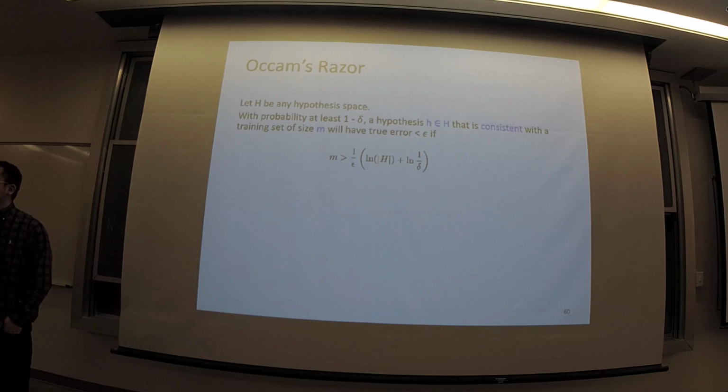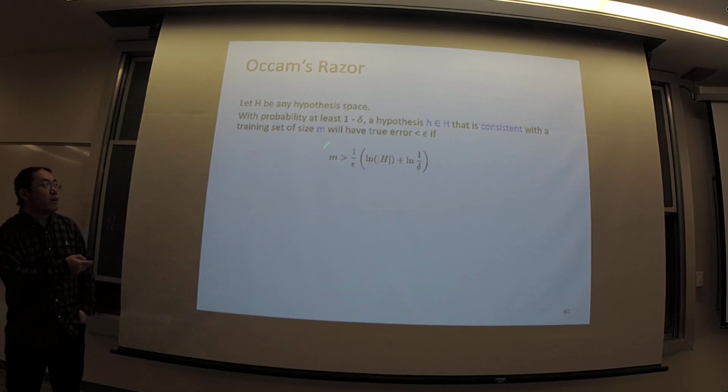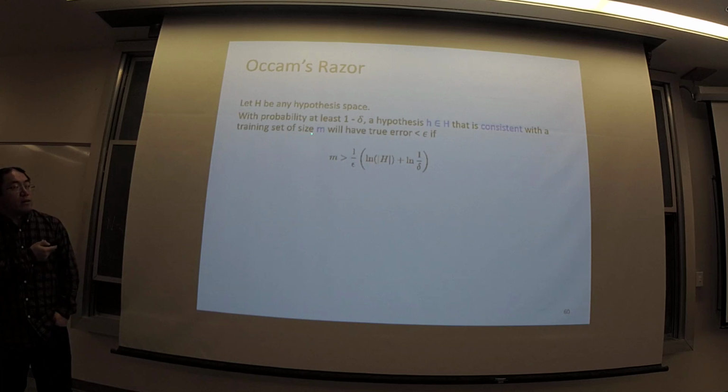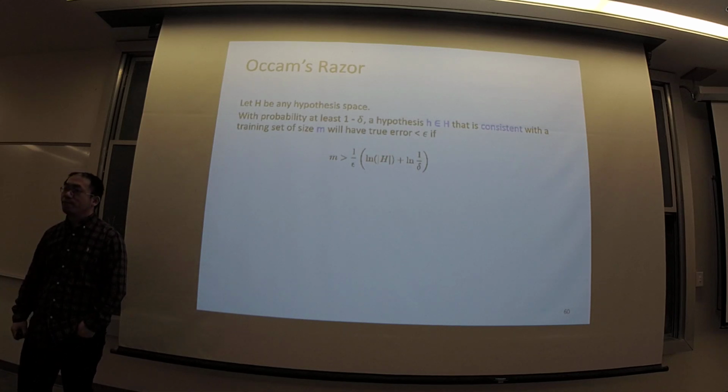So this is also characterized as sample complexity. How many examples does your consistent learner need to achieve some designated error level and confidence level? Does it make sense?